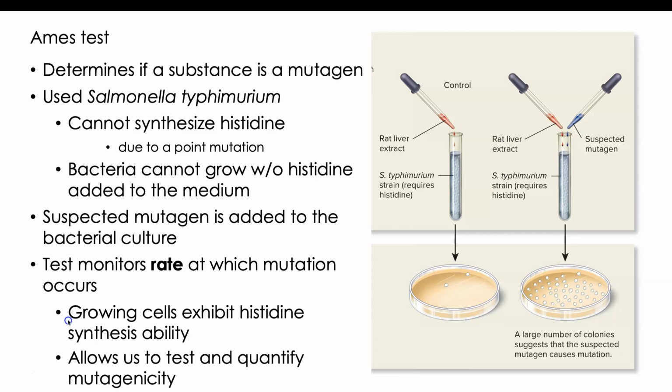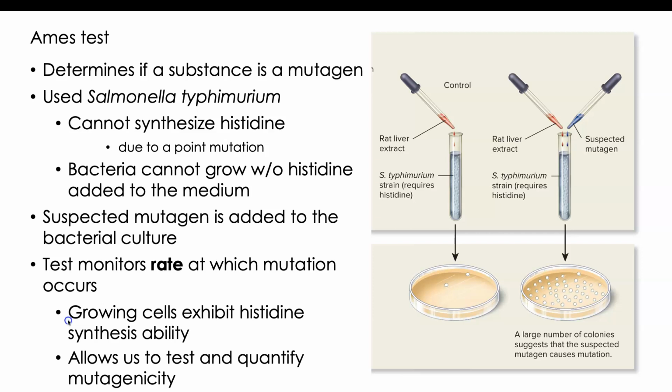You expose that population to rat liver extract, which has histidine in it, and some of those mutants will take up the ability to make histidine from the rat liver extract, right? So some colonies will grow on your petri dish, and those are your mutant colonies.